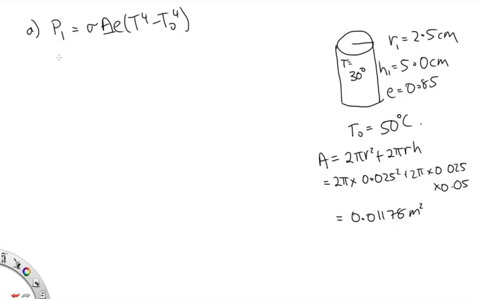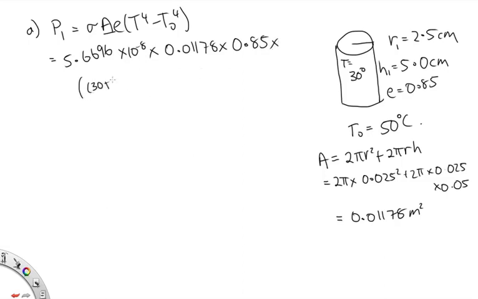Now we can substitute everything in here. Sigma, Stefan's constant, 5.6696 times 10 to the minus 8, times the surface area we've calculated, 0.01178, times the emissivity, 0.85, times T to the 4, so that's 30 plus 273 to the 4, minus the temperature of the surroundings, 50 plus 273 to the 4.